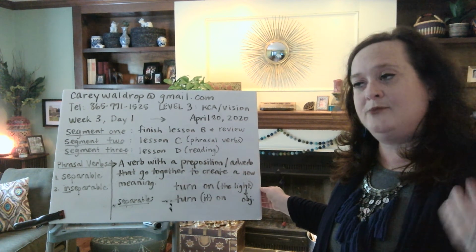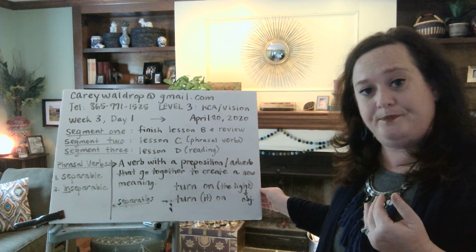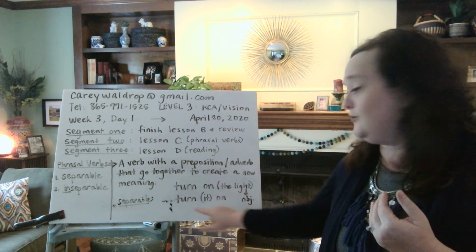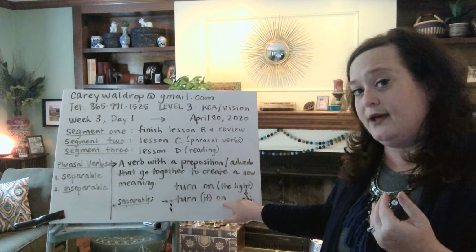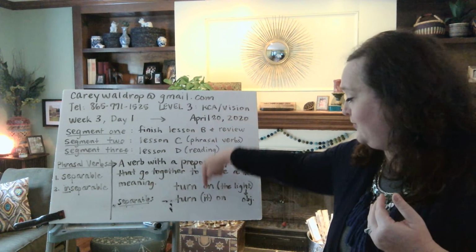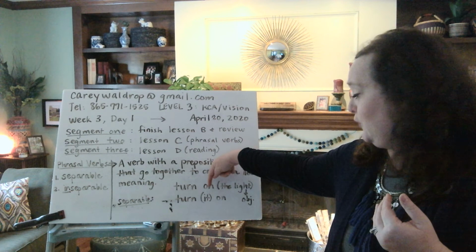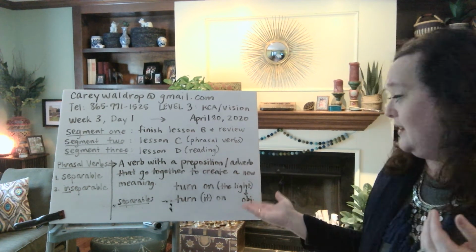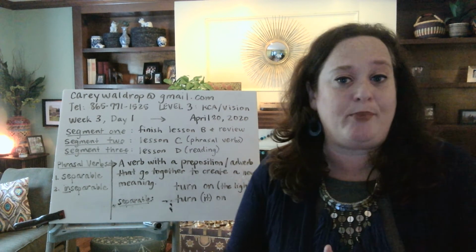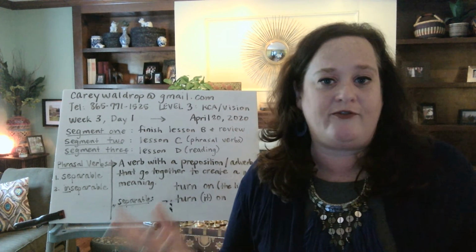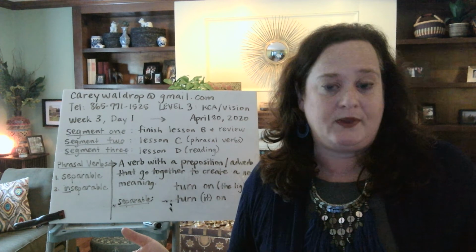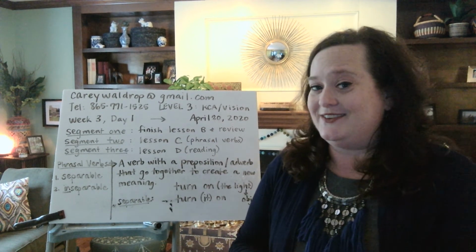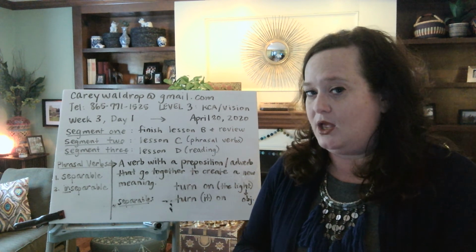Usually the object will go after the verb, right? In this case, I could separate turn and on, and I could put the object in the middle. Turn it on. So in this case, it is a separable phrasal verb.